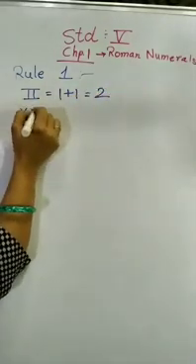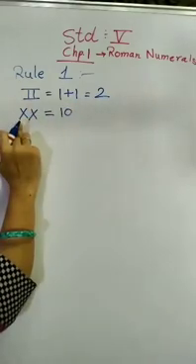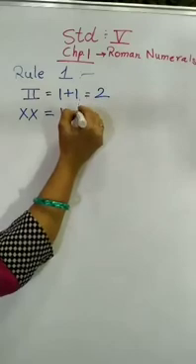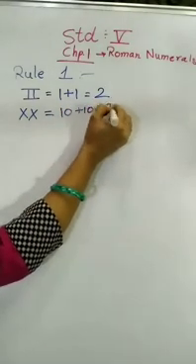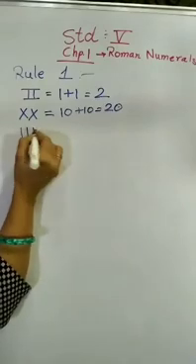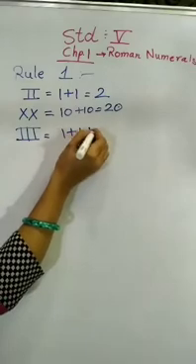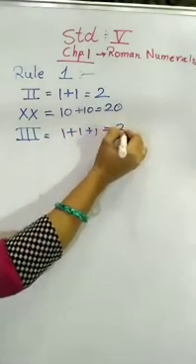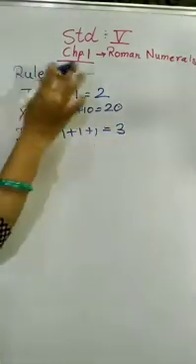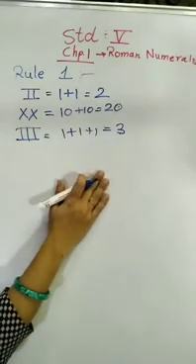If I write X plus X, X denotes 10, and 10 plus 10 equals 20. Now if I write I 3 times, this means 1 plus 1 plus 1, which equals 3. Clear? This is rule number 1: we can write X and I 2 or 3 times. More than 3 times we cannot write it.